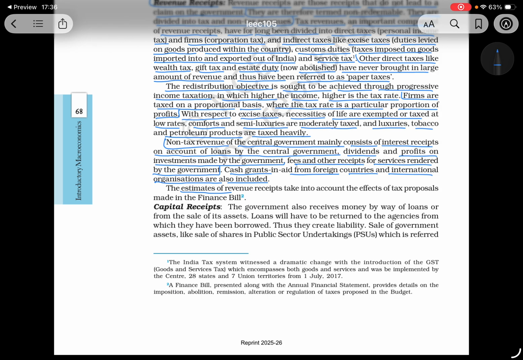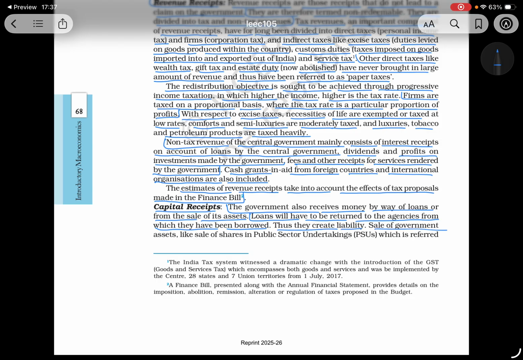The estimates of revenue receipts take into account the effects of tax proposals made in the finance bill. Capital receipts. The government also receives money by way of loans or from the sale of its assets. Loans will have to be returned to the agencies from which they have been borrowed. Thus they create liability.